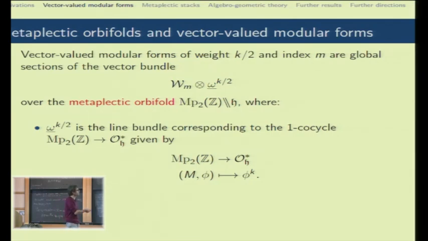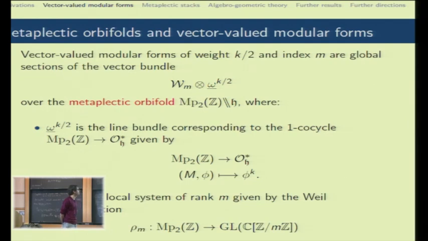That's a one cocycle of MP2Z with values in holomorphic functions on H. So that should correspond to a line bundle over my quotient, which I call a metaplectic orbifold, the quotient of the upper half plane by the non-trivial double cover of SL2Z. So you have gamma acting by square root of cz plus d, to the k. Right, phi is a square root of cz plus d. Okay, so that's the easy part.